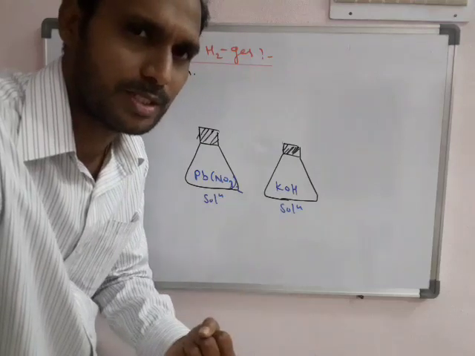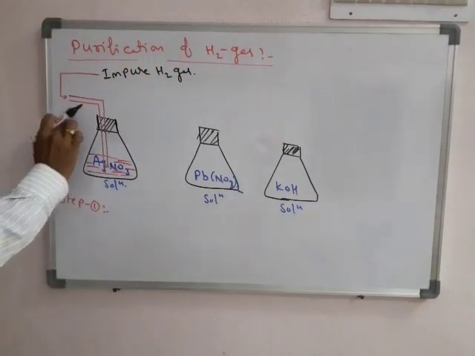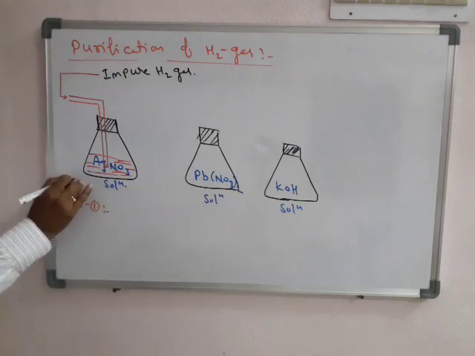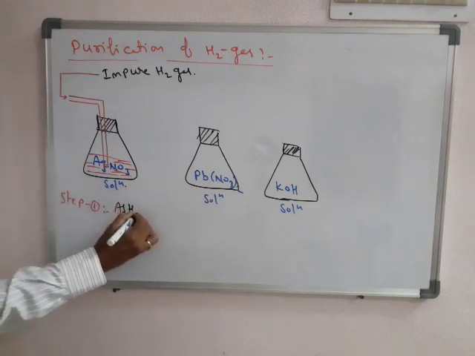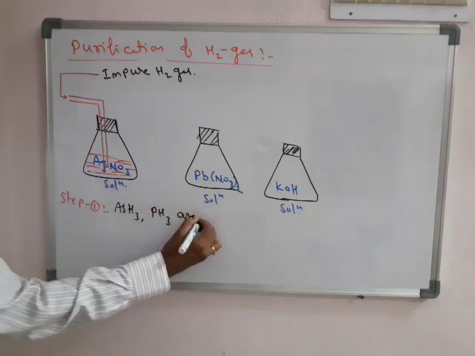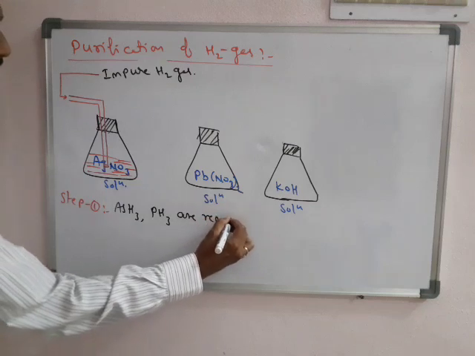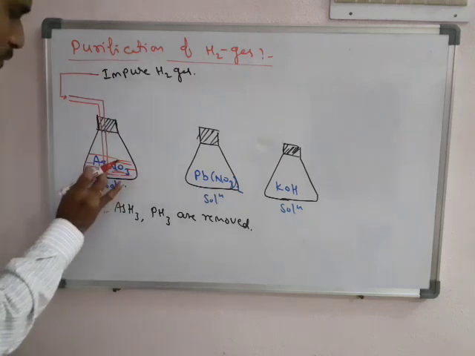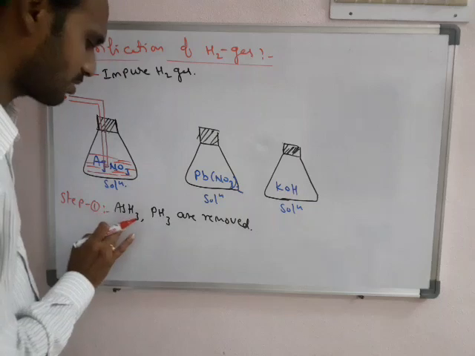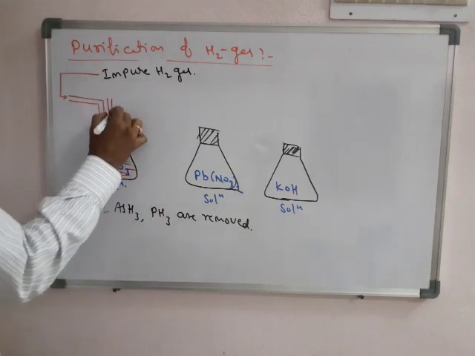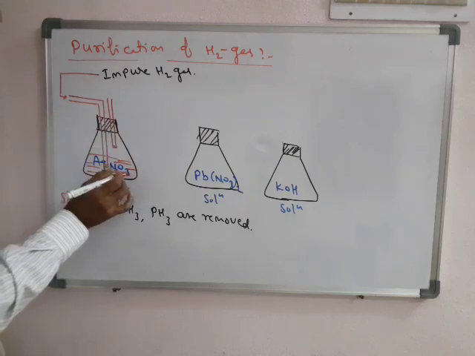So AsH3 and PH3 are removed in the first step. The remaining H2 gas, being light weight, is not absorbed.